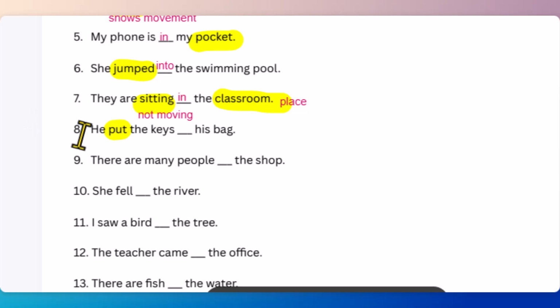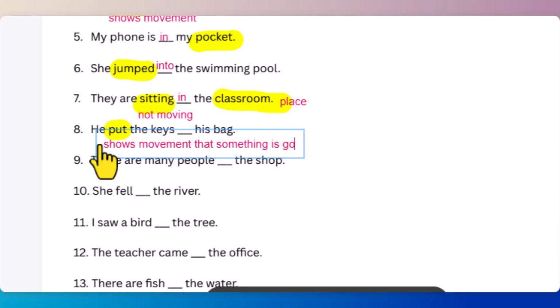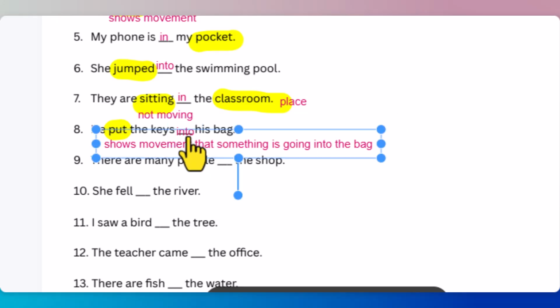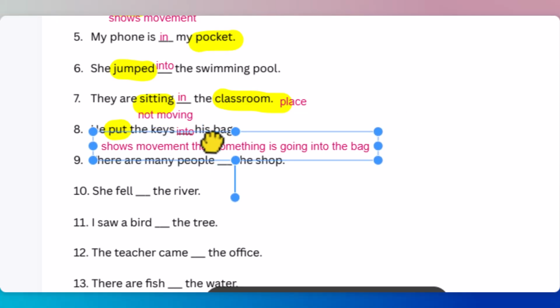So it shows us movement, that something is going into the bag, coming from outside and now being put in the bag. So he put the keys into his bag.